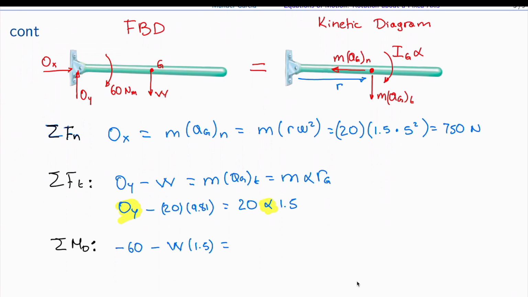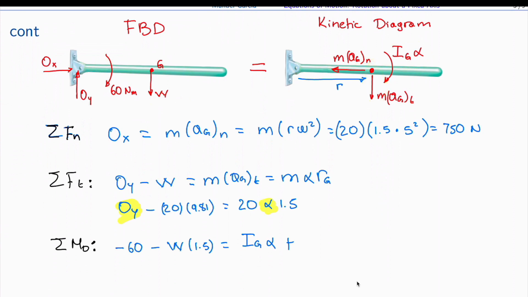And this is equal to the right hand side. So in the right hand side, we have this moment. Okay, this acceleration is not producing moment because it passes through this point, but this acceleration is producing moment, and this Ig alpha term. So we have the Ig multiplied by alpha plus the moment of the tangential force.